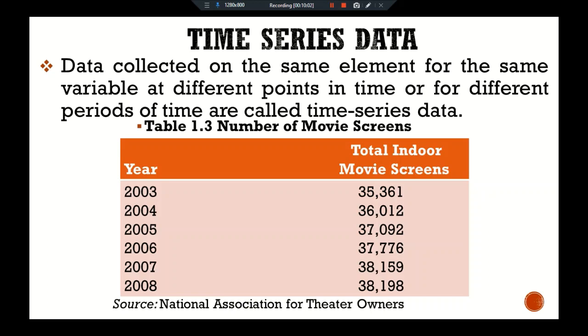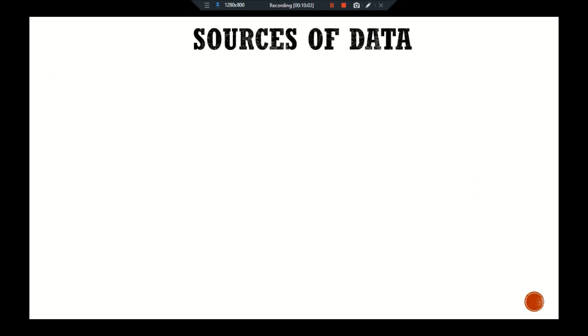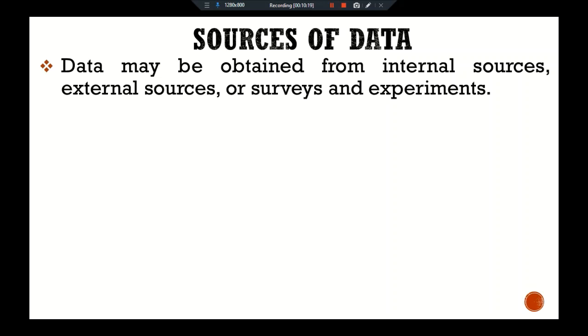Data sources. Data sources are sources of data. The availability of accurate and appropriate data is essential for deriving reliable results. So data may be obtained from internal sources, external sources, surveys and experiments.